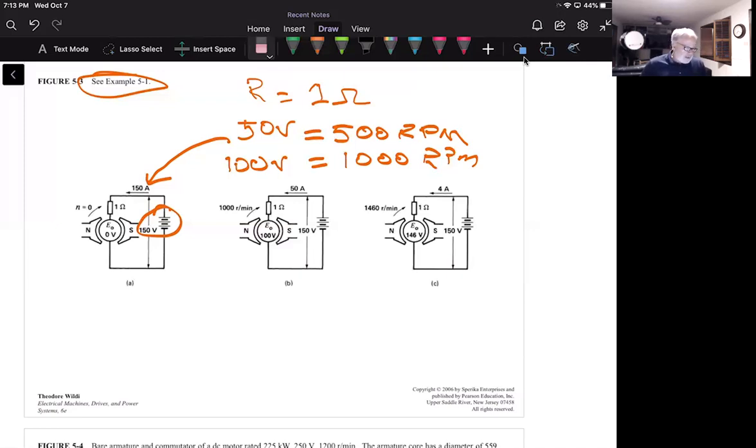And then part C says, what is the armature current at 1,000 RPMs and what is it at 1,460 RPMs?